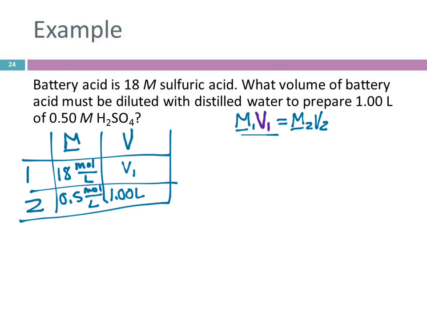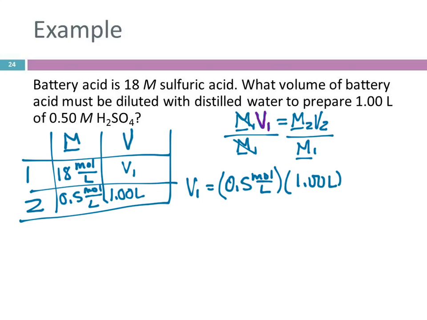So we'll rearrange this by dividing by M1. Those cancel out. We also have to do that on the other side. Volume 1 equals molarity 2, that's this guy right here, 0.5 moles per liter, times volume 2, 1.00 liters, divided by molarity 1, which is 18 moles per liter. 0.5 times 1 divided by 18.